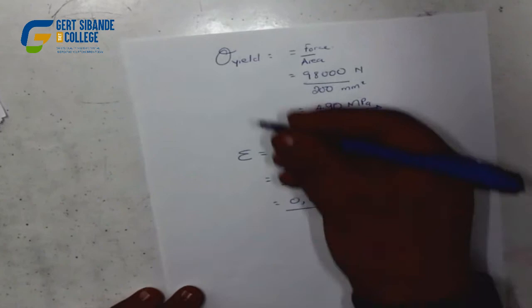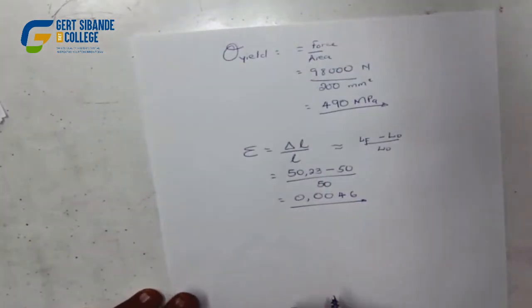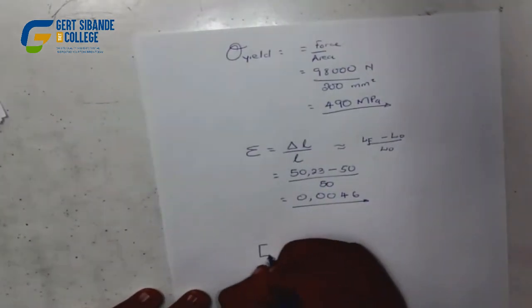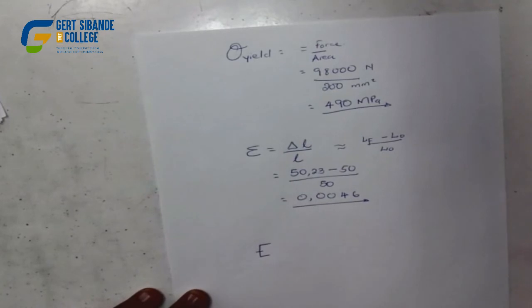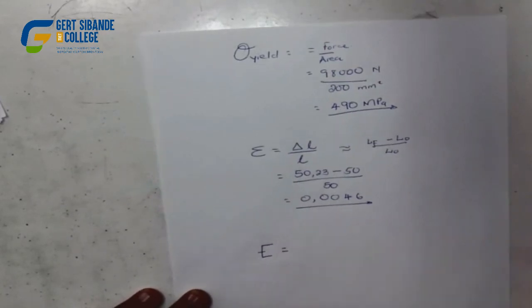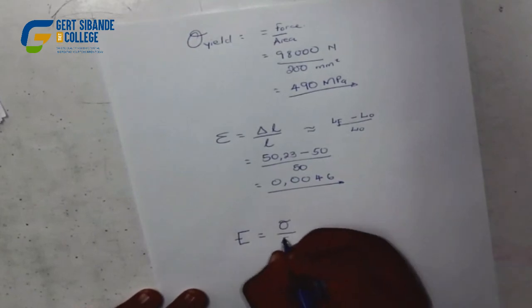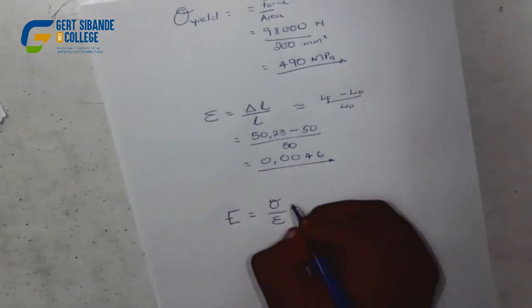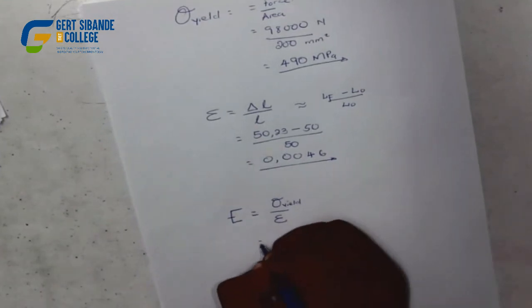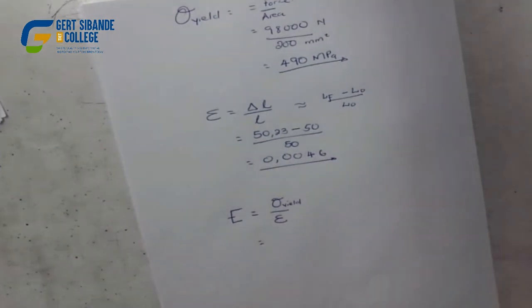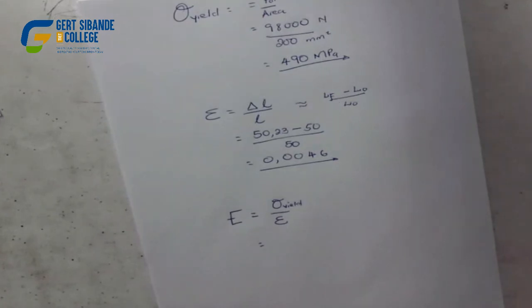Because I now have the two, I can calculate the modulus of elasticity. Modulus of elasticity is equal to the stress divided by the strain. I have the stress at the yield point and the strain at the yield point.